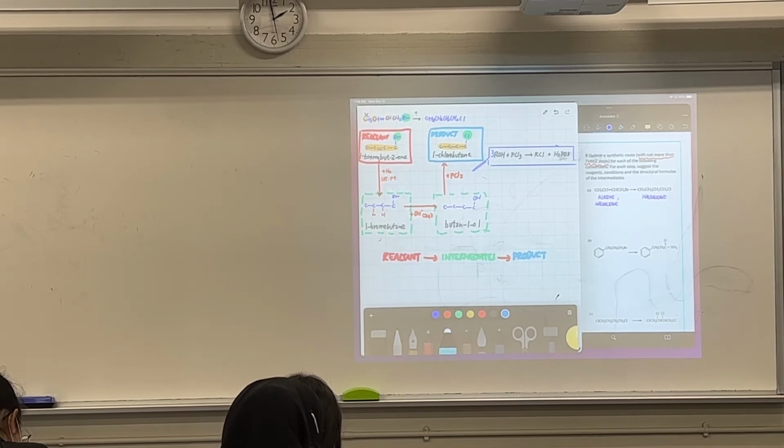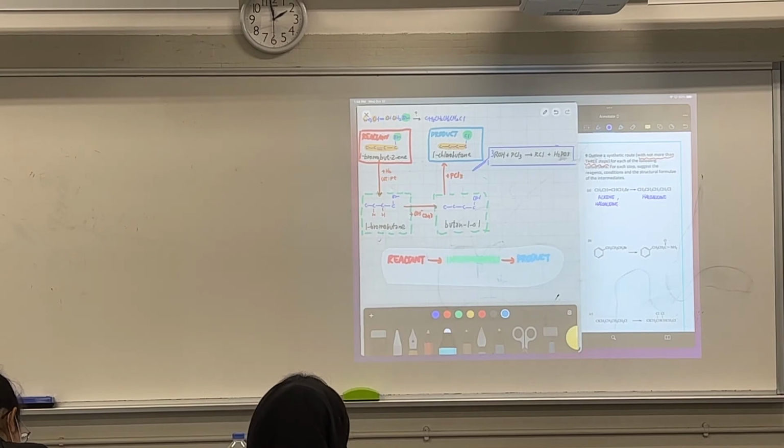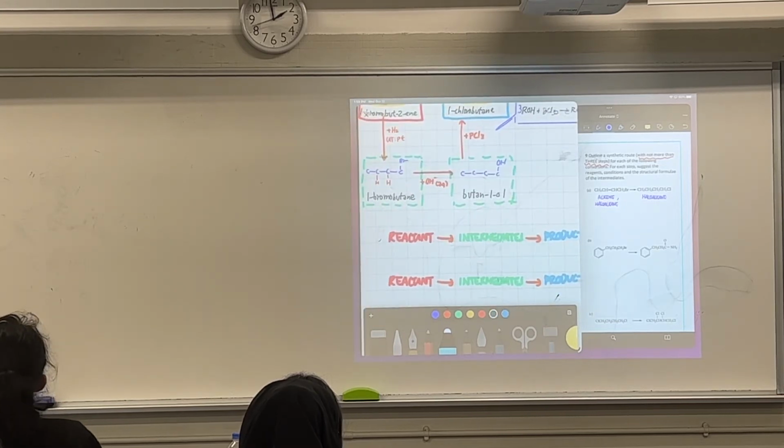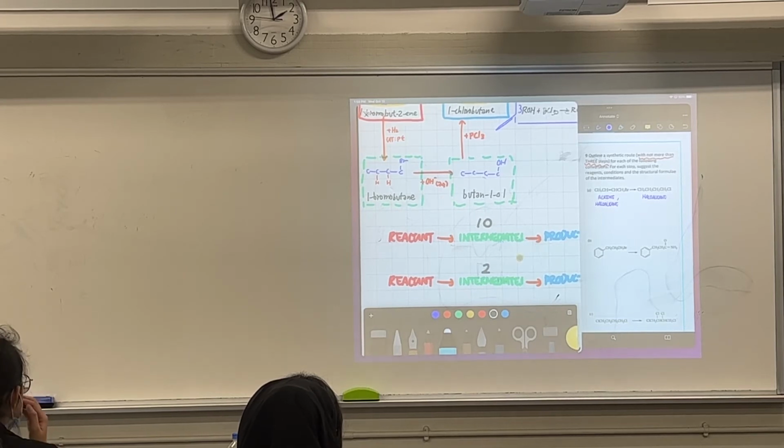There will be a higher yield when there are fewer intermediates. Why is that? Because it has to go through fewer reactions. Every time you carry out a chemical reaction, you don't get to produce 100% of the product. The product yield is always less than 100%.